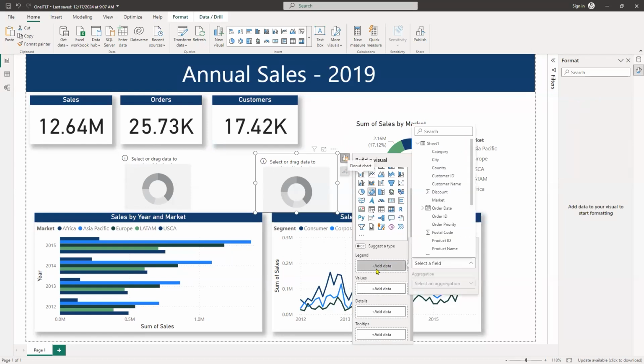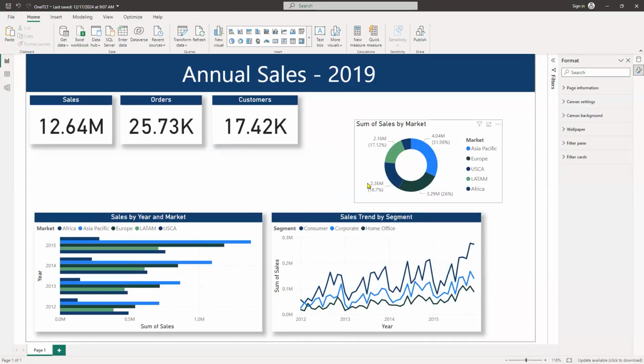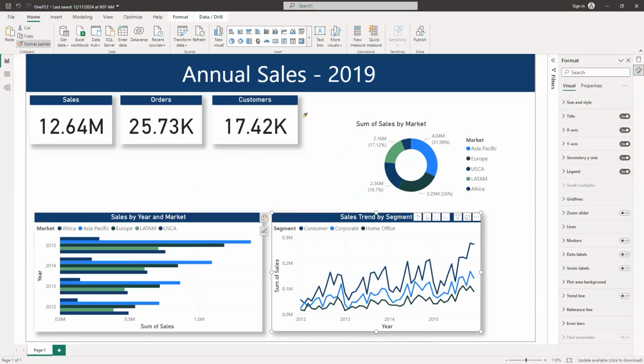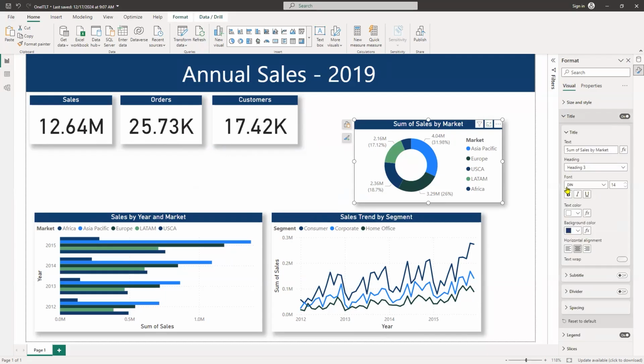What are the other values we can add? Okay, let's stick with one only for now, just to avoid clutter. So I'm going to say market share percentage.